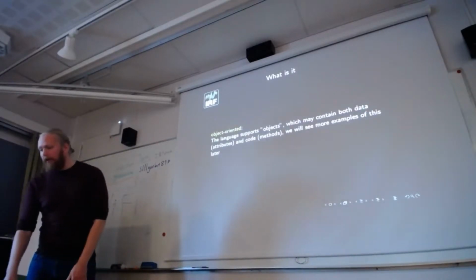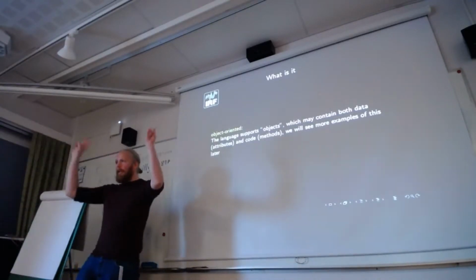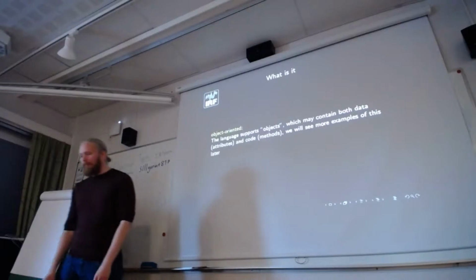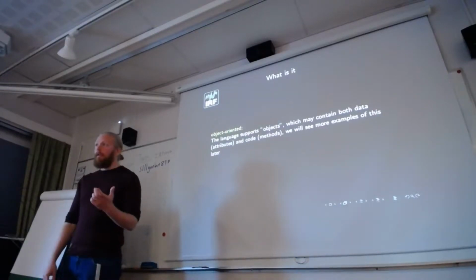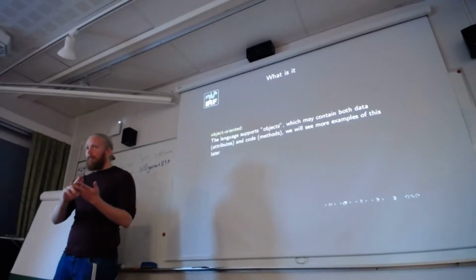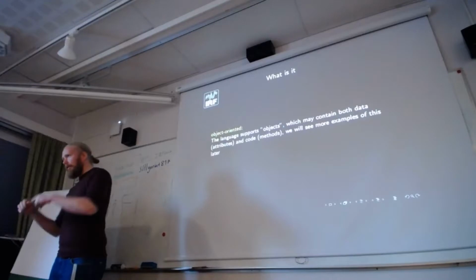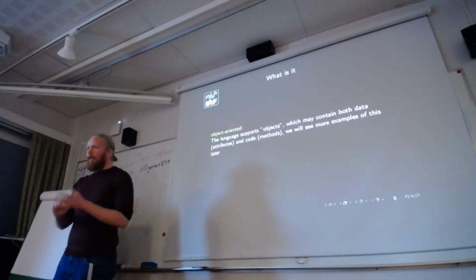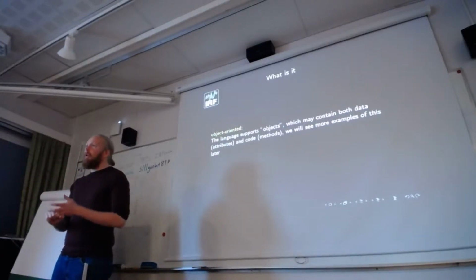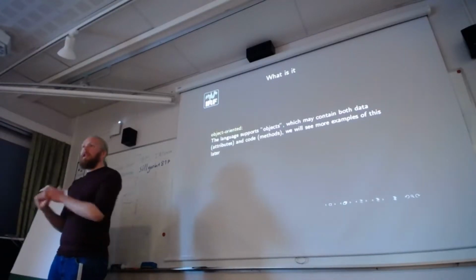Okay, object-oriented. The language supports, in quotation marks, objects. And these objects contain both data and code. That's the important part. Data is called attributes and code is called methods, but we'll see a lot of examples where we execute code that is bound to certain data types.